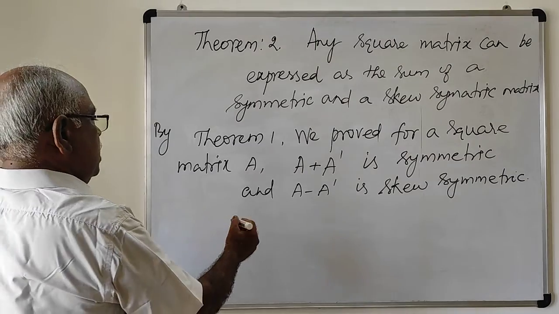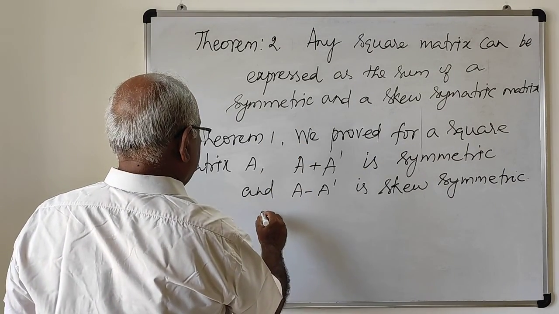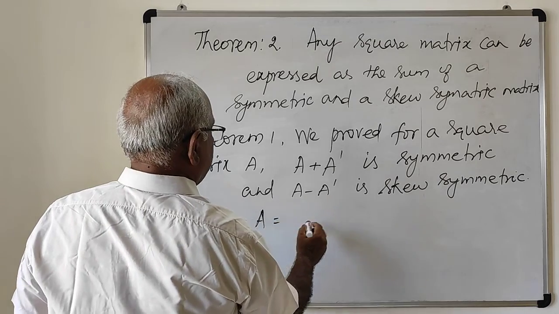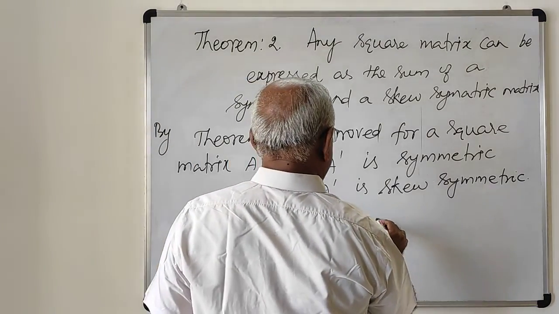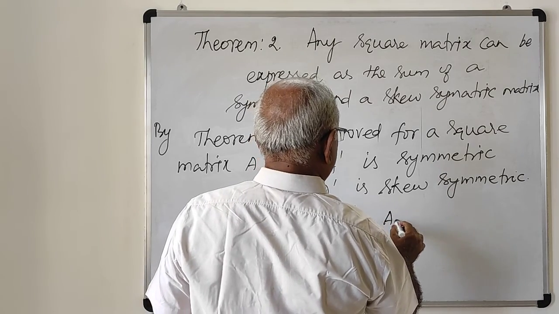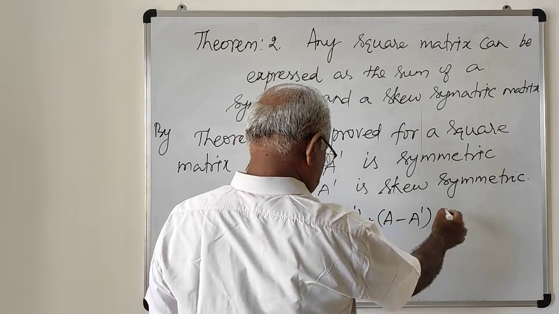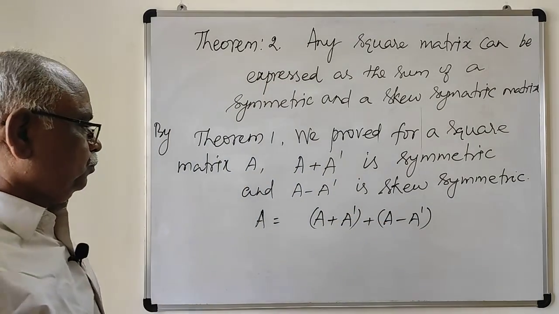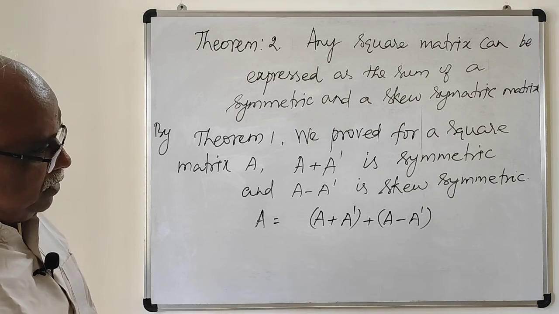Now in this theorem, the matrix A can be expressed as the sum of a symmetric and skew symmetric matrix.